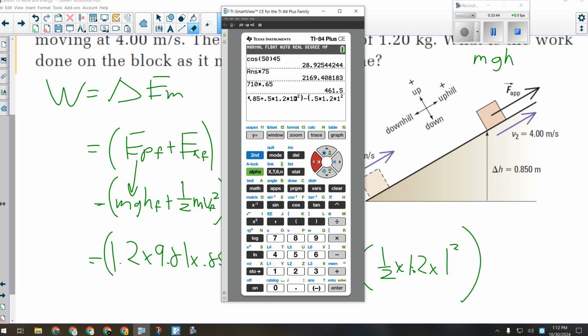Good thing I caught that before I did anything else. So I get 19 joules, and it's positive. That means that the energy is increasing, right? Is the work positive or negative? From the box's point of view, the work is positive. It gains 19 joules of mechanical energy by accelerating up the ramp.